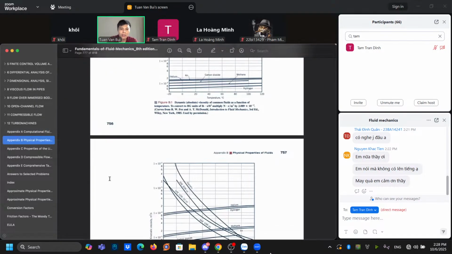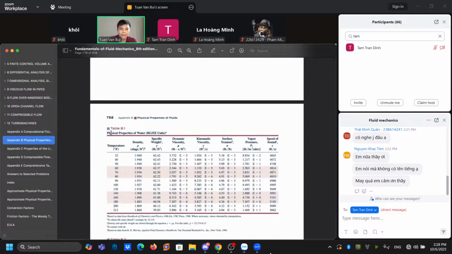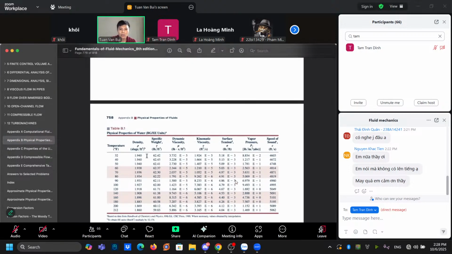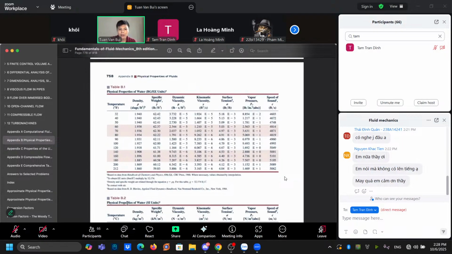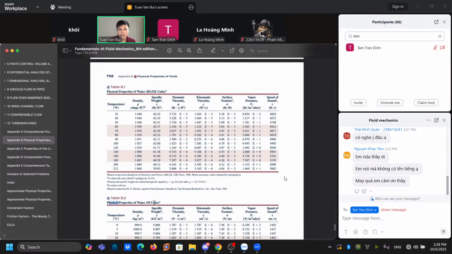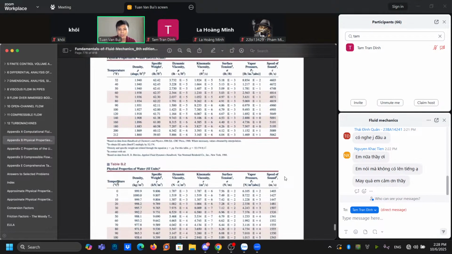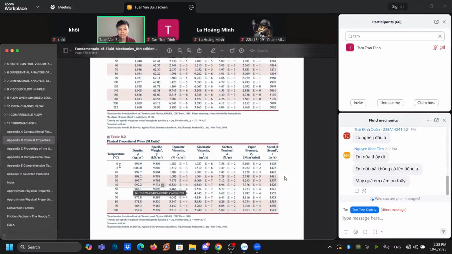Here in this appendix, you will have, for example, Table B.1. You will have the physical properties of water, and it gives you different unit systems. You have BG units, and you have the physical properties of water in the SI unit system, the standard international unit system. For example, here we have temperature, because the properties of fluid change depending on the temperature.